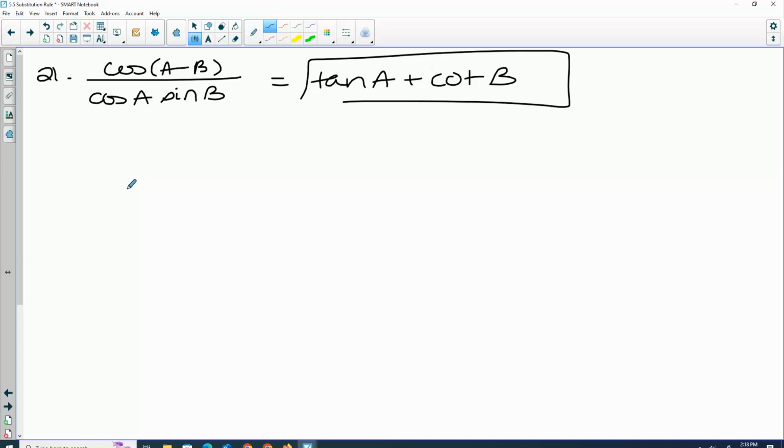When you see that, you know that you have a difference formula, right? So look at your formula sheet. When you have cosine A minus B, how do we break that down? And that is given on that formula sheet.